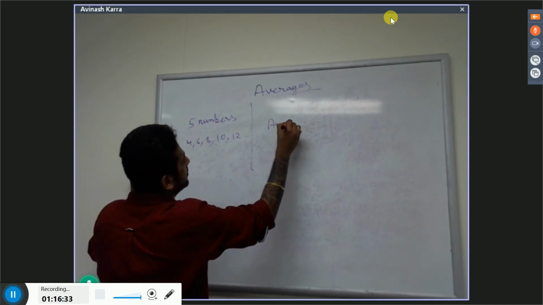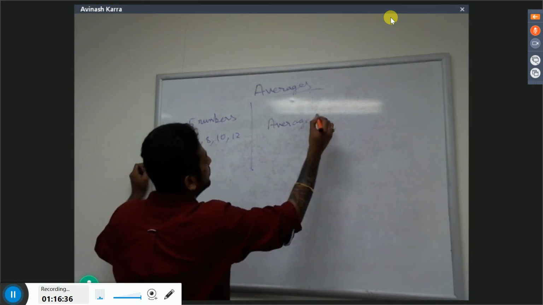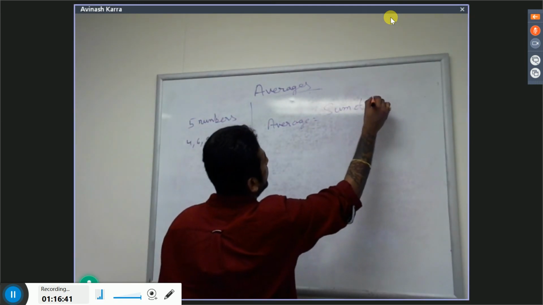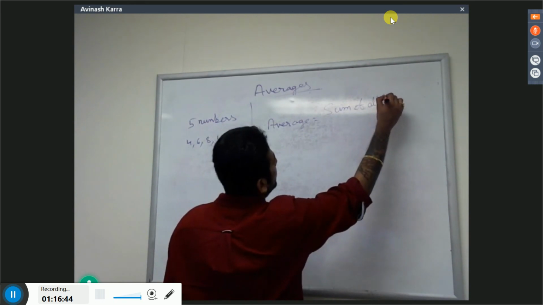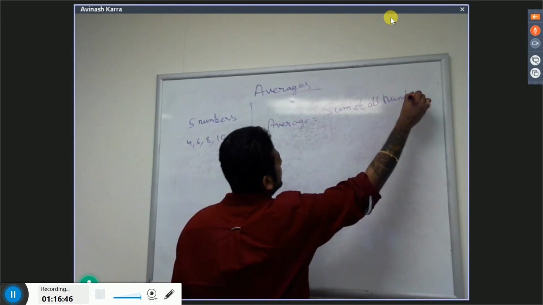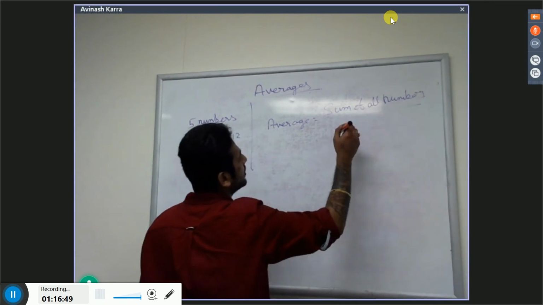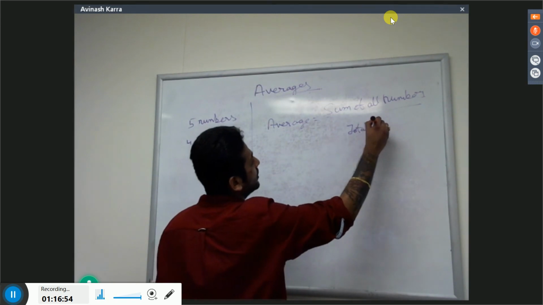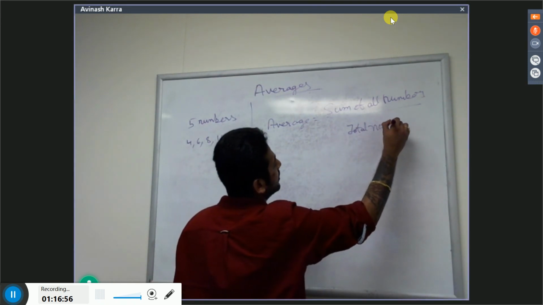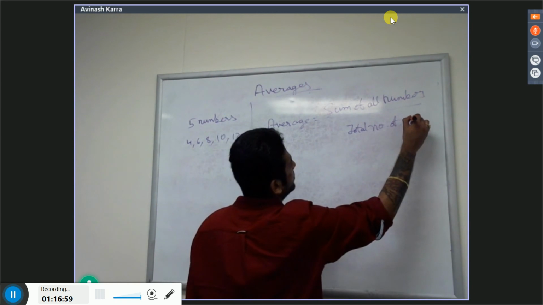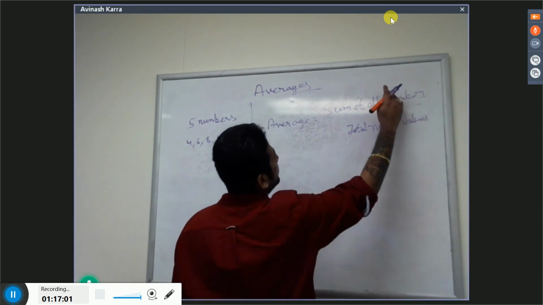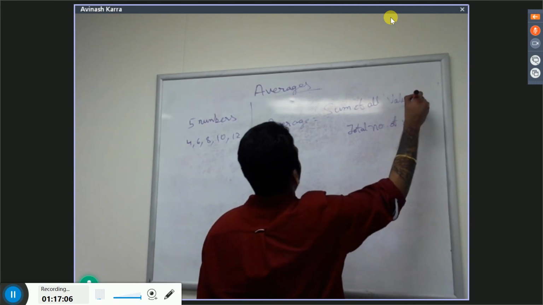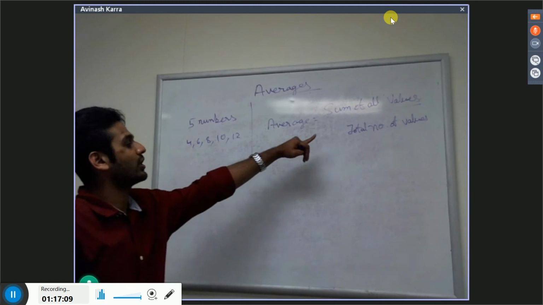Average is equal to the sum of all numbers by the total number of values. Sum of all values by total number of values.